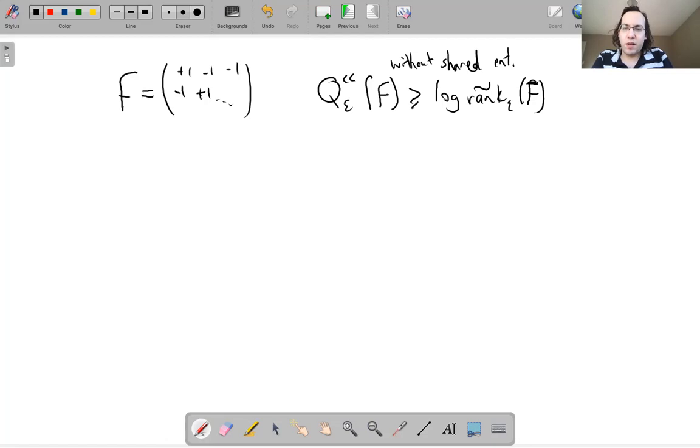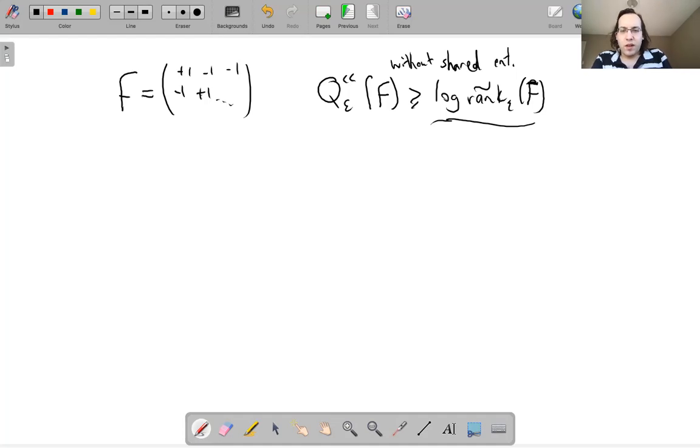This means that the log of the approximate rank is sort of a useful measure, sort of the measure we want for approximate degree, except for this annoying difference between the shared entanglement version of quantum communication complexity and the non-shared entanglement. And remember that we don't actually have a separation between the two. And yet, on paper, it seems like the shared entanglement version might be stronger as a model. So you might have a smaller quantum communication complexity for some function, even though we don't have a separation.